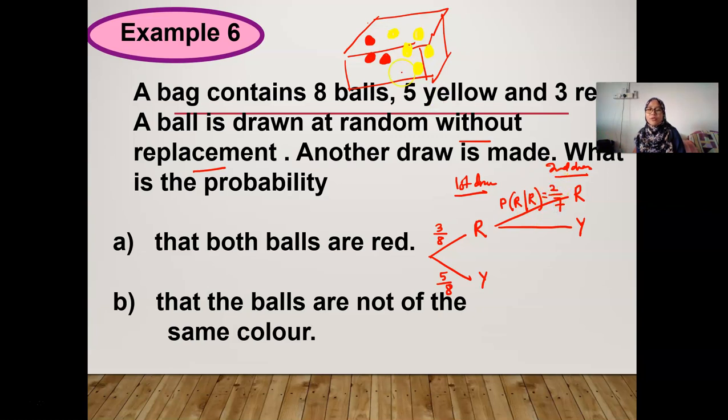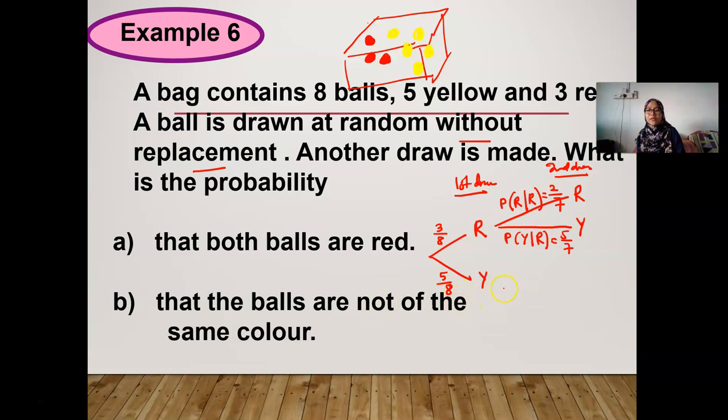Why 2? Because you already took one red out, so only 2 are left, and the remaining inside the box is 7 balls. If the first is red and the second you take out yellow, the probability will be P(yellow given red) equals 5/7.